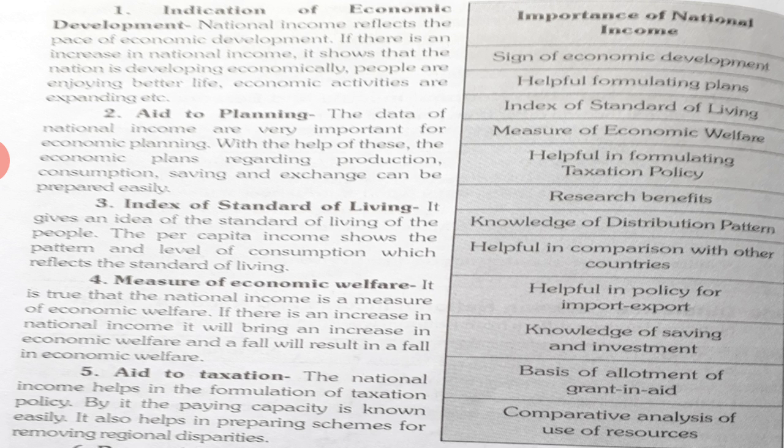So this is an important question and frequently asked in board examination. You must write 5 points with elaboration and remaining points as key features which you are seeing on your screen.